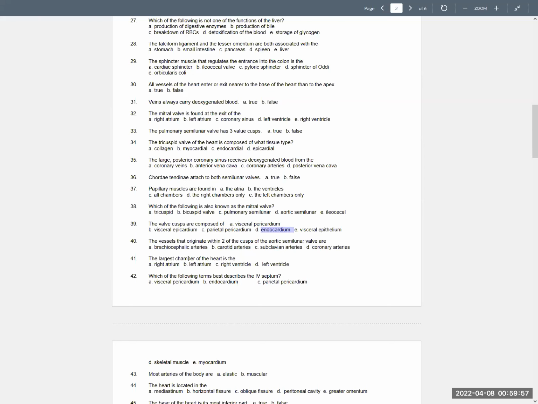We know the aortic semilunar valve has three cusps, but two of them have arteries originating out of them. Now, what are those arteries? Brachiocephalic, carotid, subclavian, or coronary arteries?